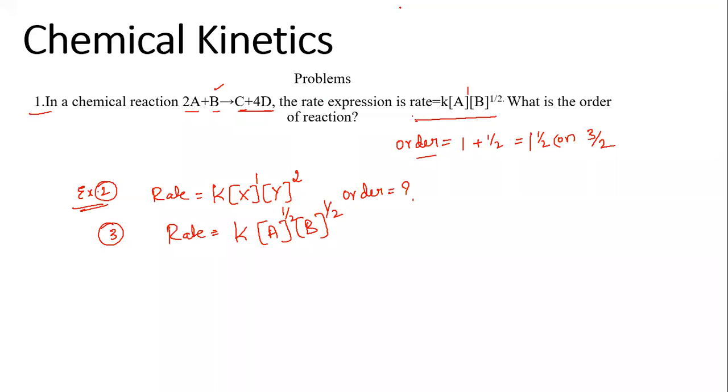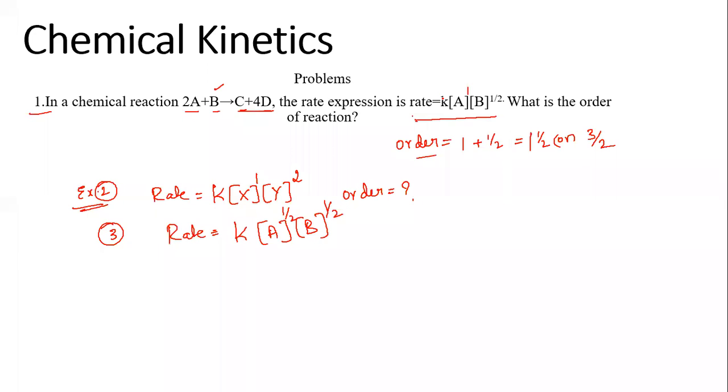Quickly. What is the order of this reaction? 1 is the right answer. Half plus half, that is 1, right? Yes, correct. So 1 is the right answer. So shall we go to the next question?